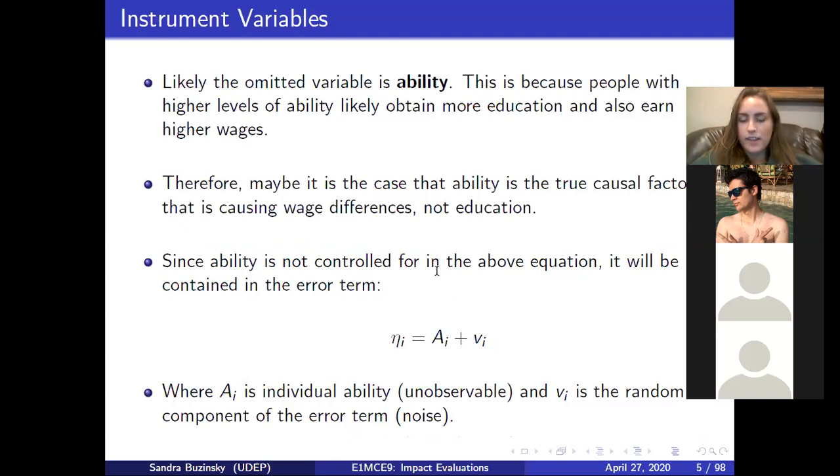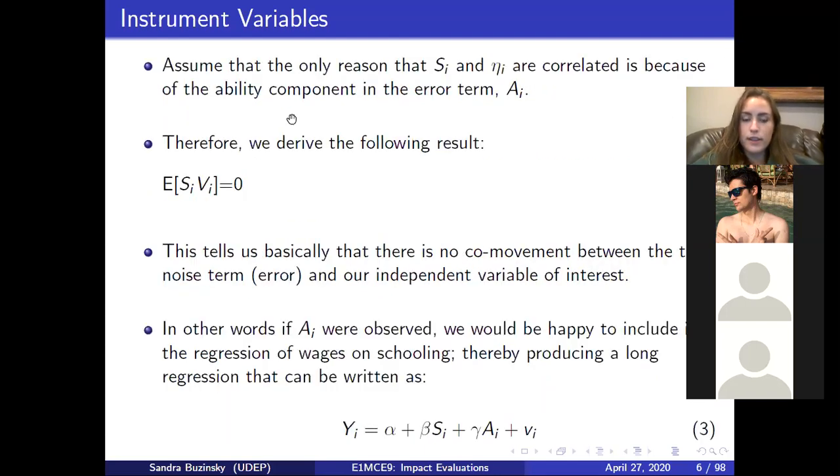This is ability, this is just white noise. So if we only look at the relationship between S_i and v_i, we have 0 because they're completely independent. There's no co-movement between the two. So that's what we want.